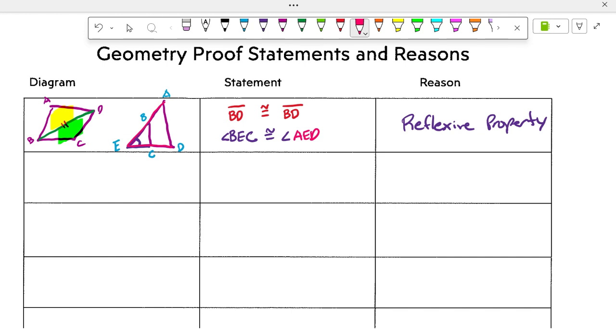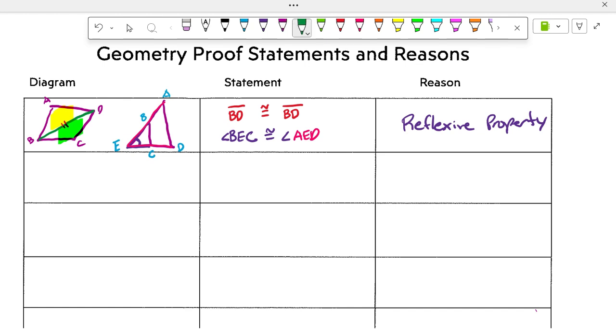Now, the next one that I have doesn't necessarily have a diagram. Well, I guess I could draw a diagram. All right, so the next property that we have, we kind of already discussed this.